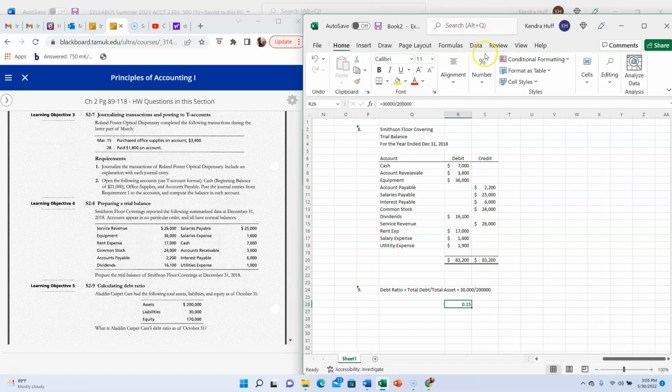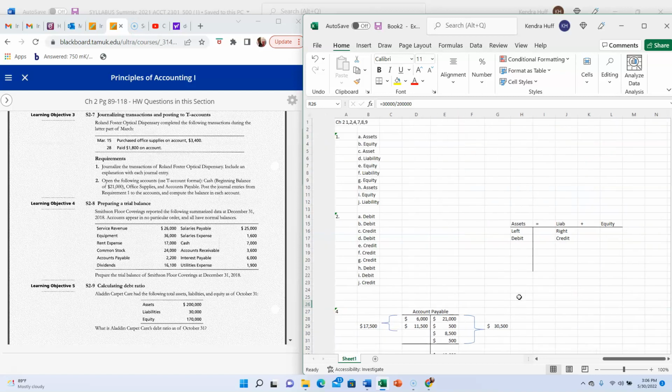And then it's usually expressed as a percentage term, which is how I knew it was going to be wrong, because it was like 6,000% or something ridiculous. Okay, that is it, I think, for chapter 2.